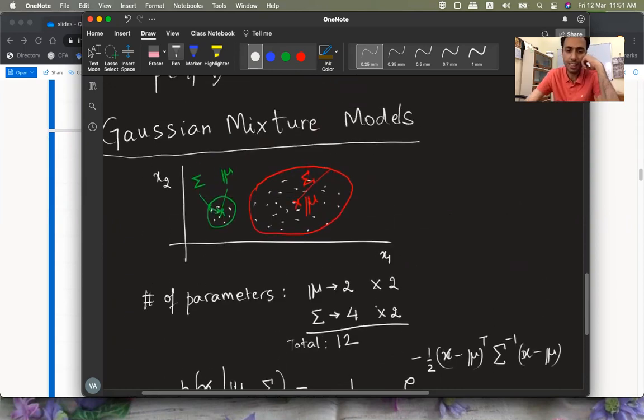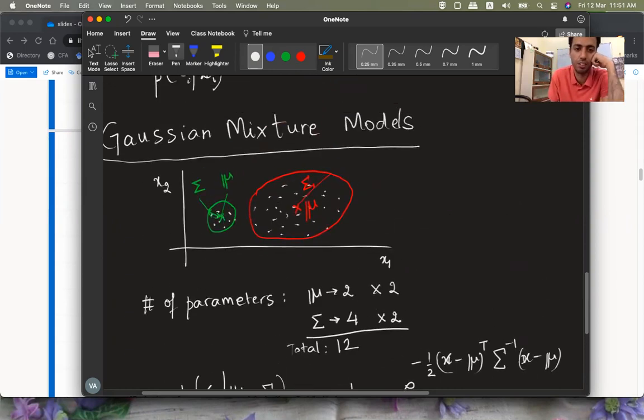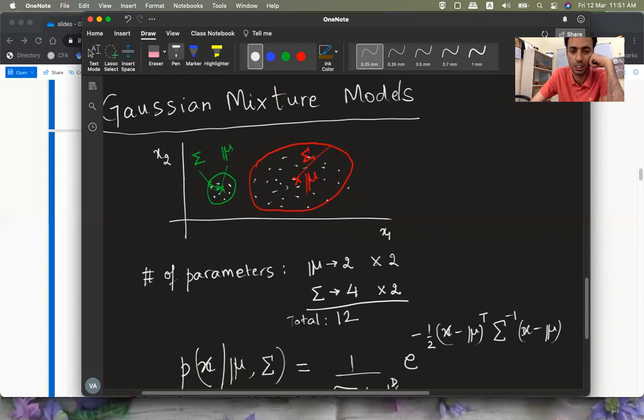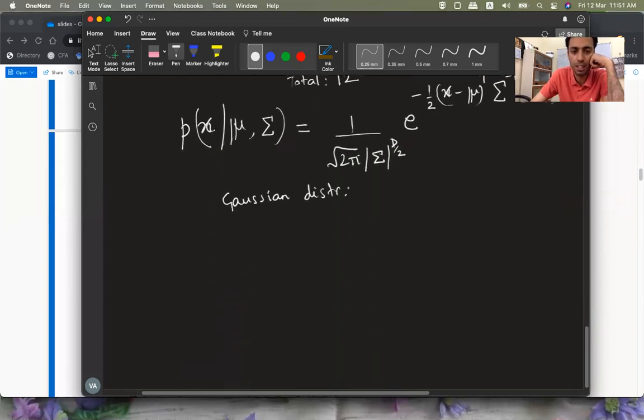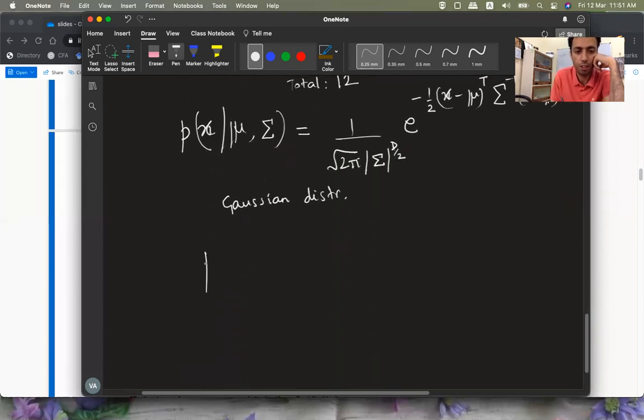But now what is happening here is we have multiple Gaussians. We need 2 Gaussians, not just a single Gaussian. So what we do, I will say probability of x is equal to probability of some cluster C comma x.